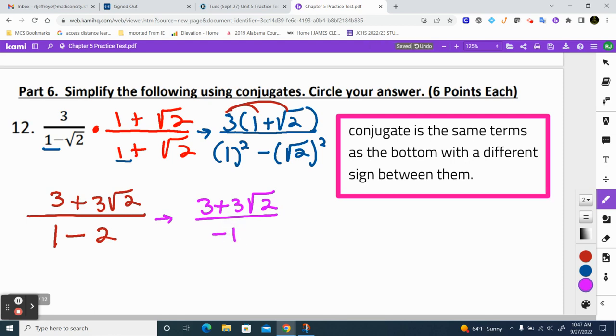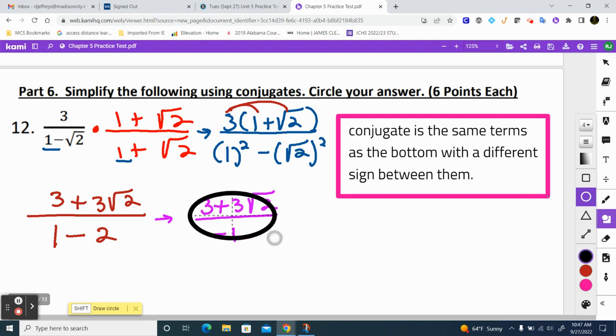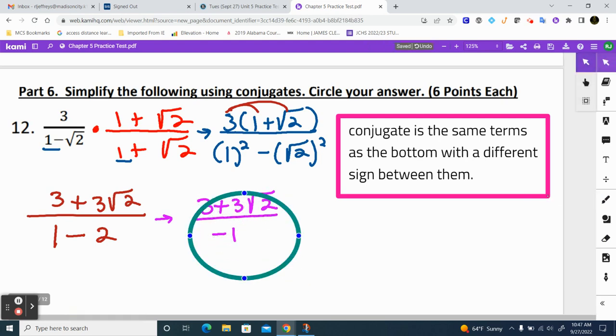Now, if you were to leave it like this, that is fine. So let's try this again.